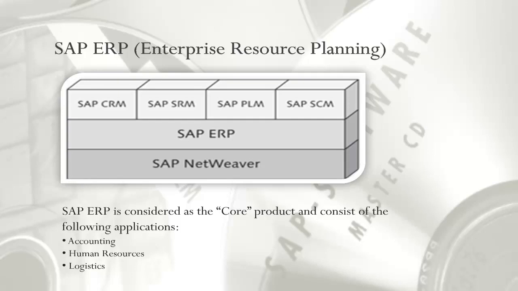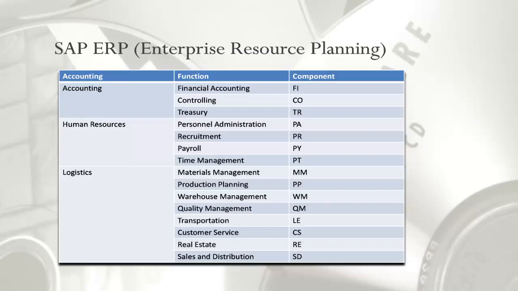In the up and coming slides, you are going to get to see how these applications break out to form the ERP core product. This table represents the SAP ERP component of the SAP Business Suite, and it is segmented across the enterprise platform. In earlier versions of SAP, the items listed under the component column were known as modules.